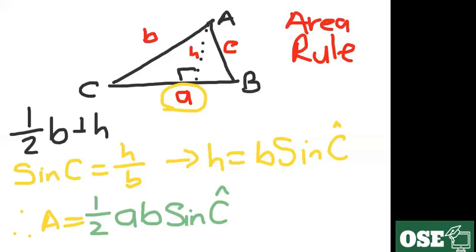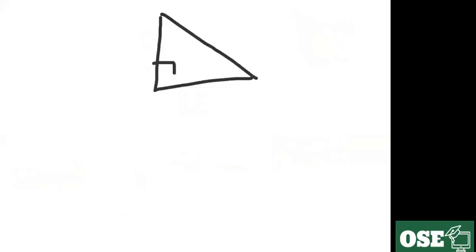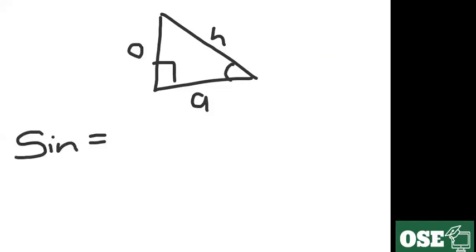Remember, I did this before. This was the first lesson we had when we started these rules. When you have a right angle triangle and you have your hypotenuse and angle, here will be adjacent, here will be opposite. Sine is equal to opposite over hypotenuse.